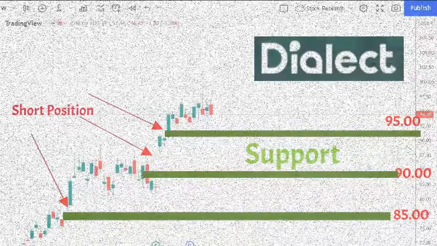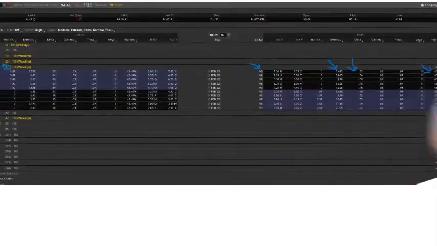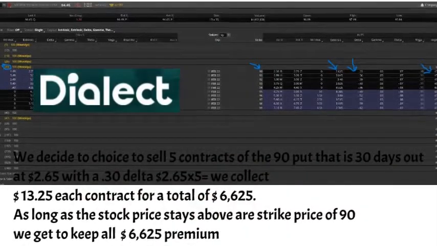So now we're going to go to our options chain. And we find this option that's about 30 days out, strike price at the 90. The extrinsic value is 262, so that's good. It's out of the money.